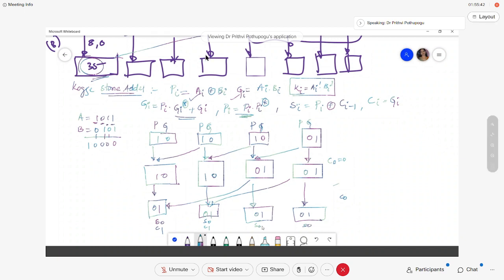So ultimately, what is the result? This is sum 0, this is 0, this is 0, this is also 0. And what is the carry you are getting here? This is 1. The carry is 1. So this is the result.